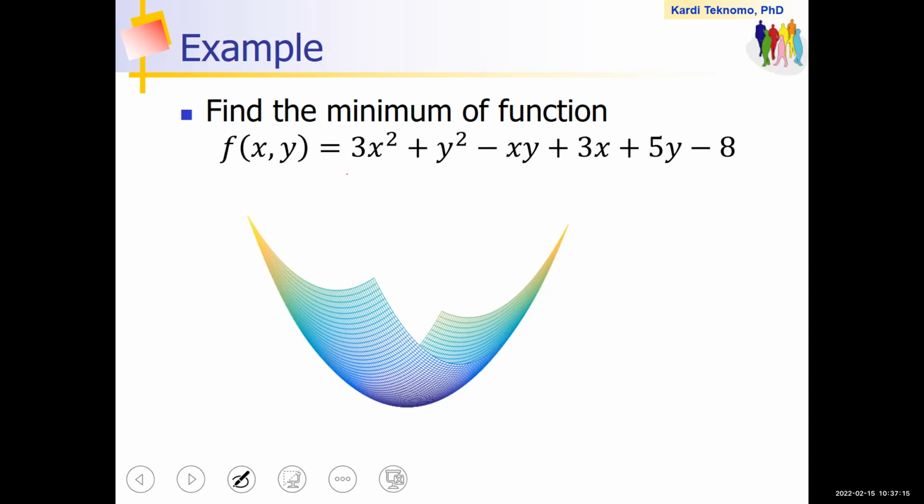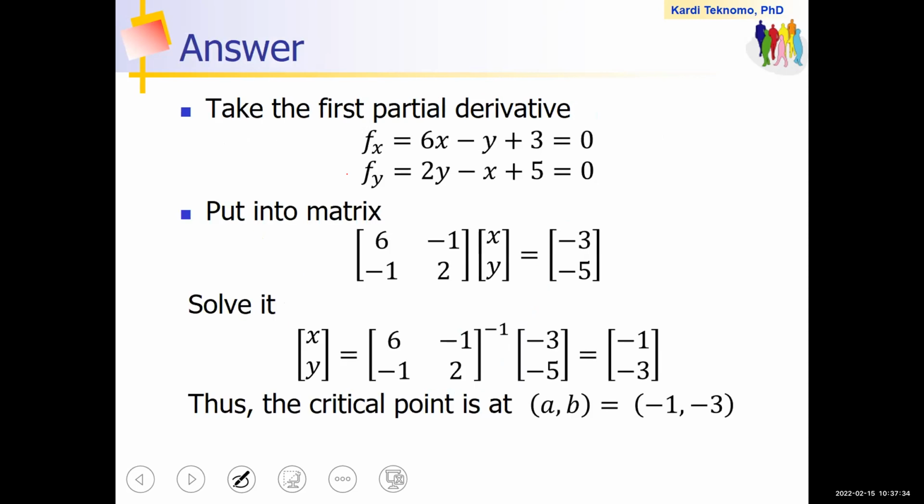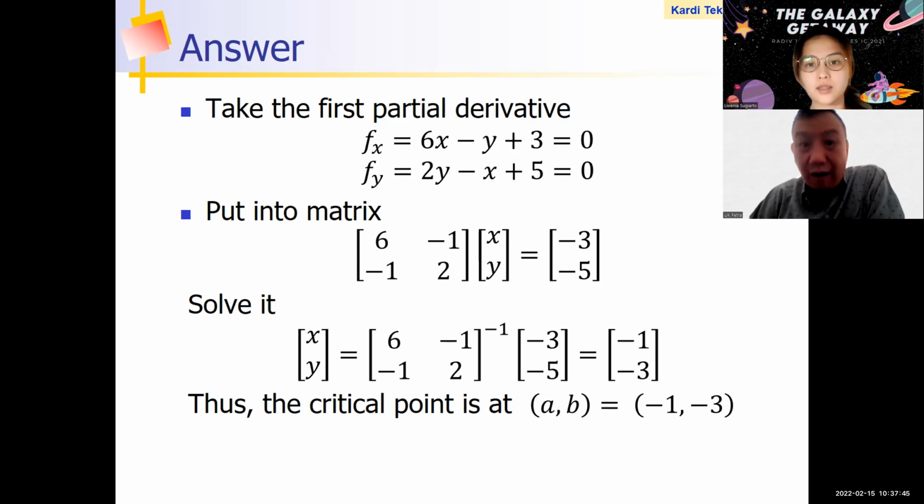You have this kind of function that you want to find the minimum. How do you solve this? You take the partial derivative with respect to x, and you take the partial derivative with respect to y. Do you know how to take partial derivatives already?